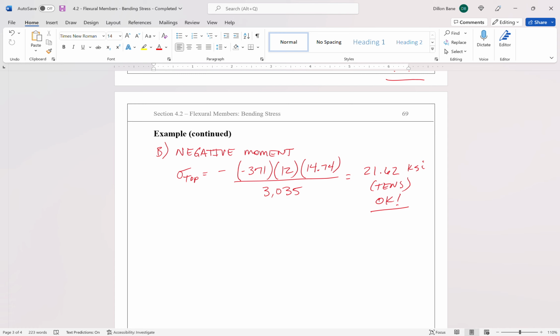Lastly, let's look at the stress at the bottom of the beam at our location of maximum negative moment. The equation again is negative MC over I. So negative 371 multiplied by 12 for that unit conversion.